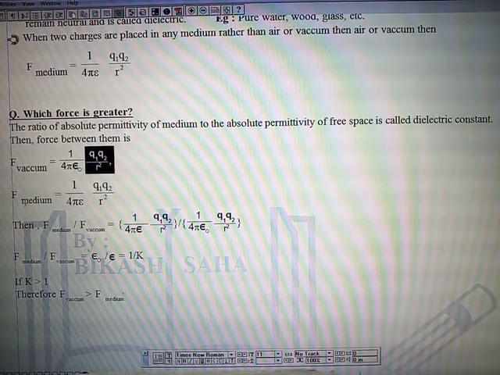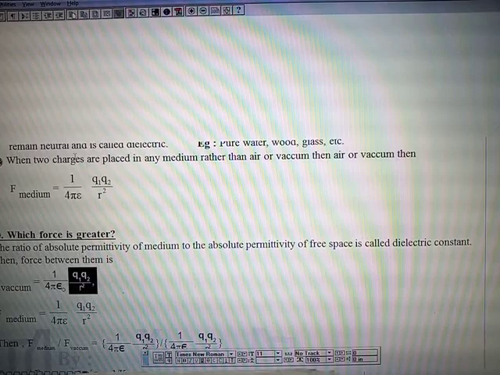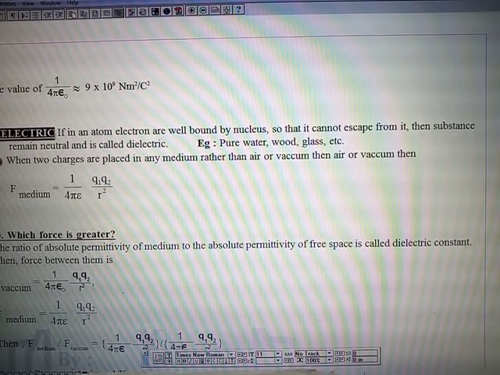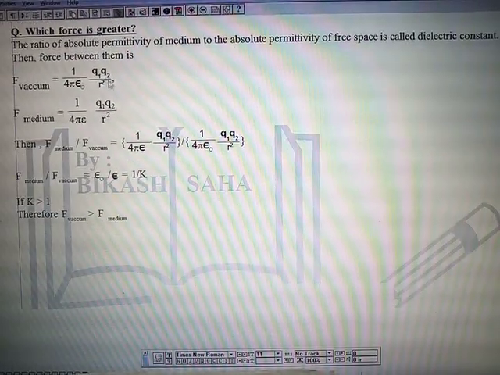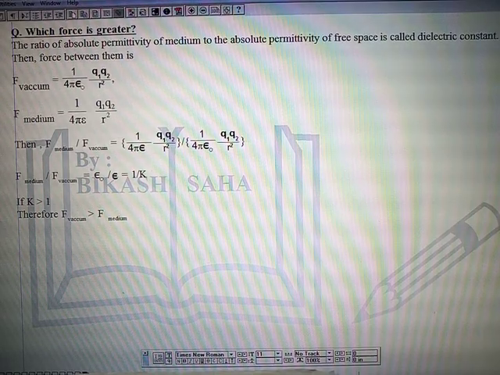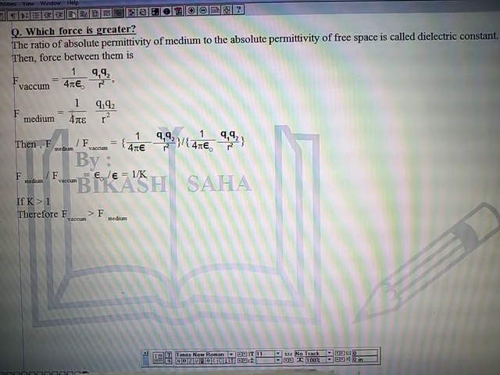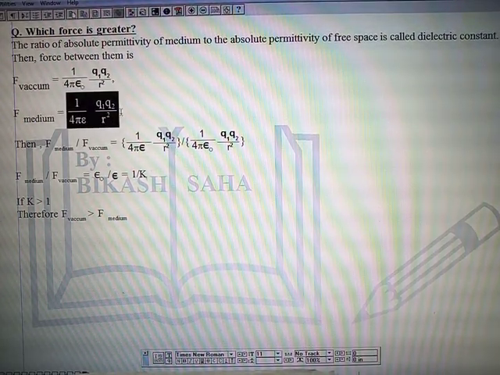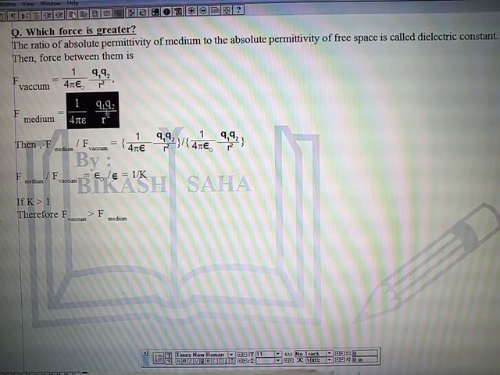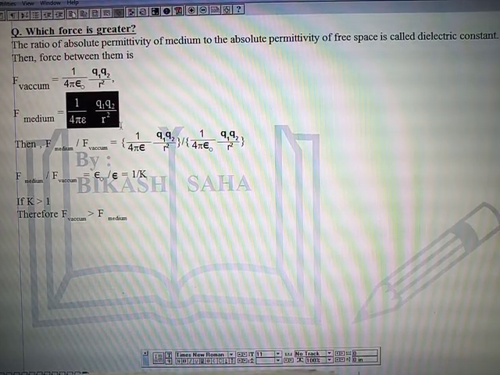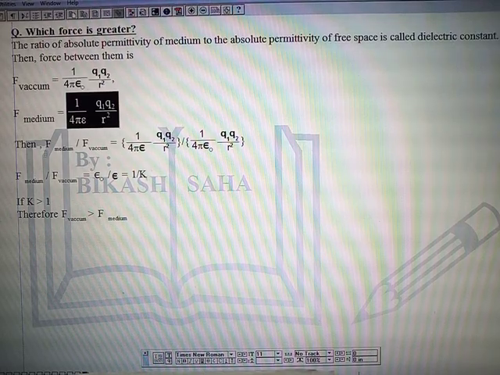Force in the medium, medium means once again it is a dielectric. Force in the medium is equal to 1 by 4 pi epsilon Q1 Q2 by R square. Is it clear?